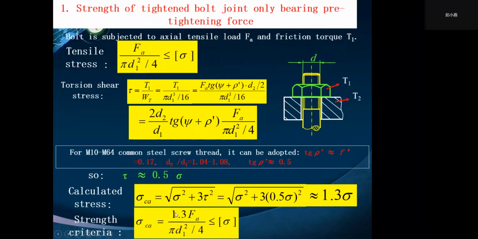Okay? Any problem? The torsion shear stress, the third equation: torsion is equal to T1 over WT. And the next one, this one plus rho.